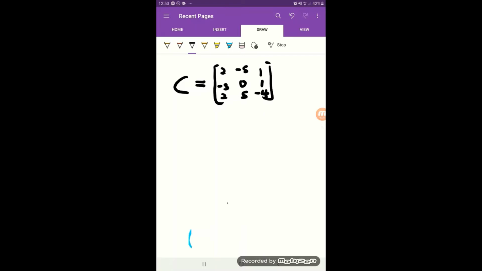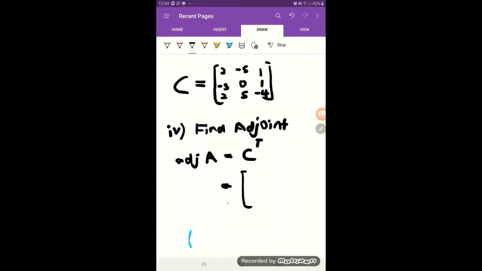And then the fourth step is find the adjoint of matrix A. How to find the adjoint of matrix A? This is the symbol of adjoint of matrix A: C transpose. That means cofactor of matrix A transpose.